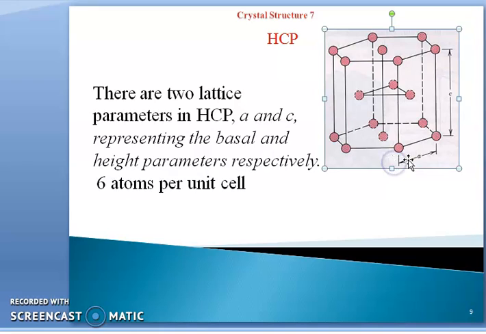A represents the basal parameter, and C represents what? Height parameter. There are 6 atoms per unit cell. You can observe carefully and then you remember.